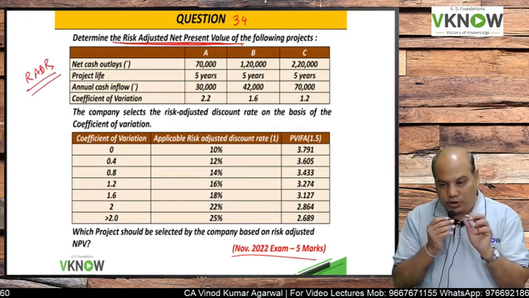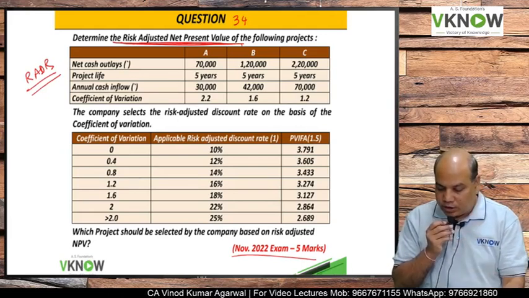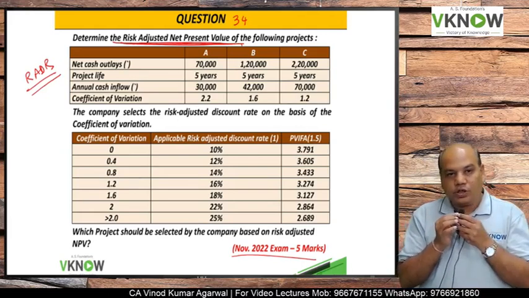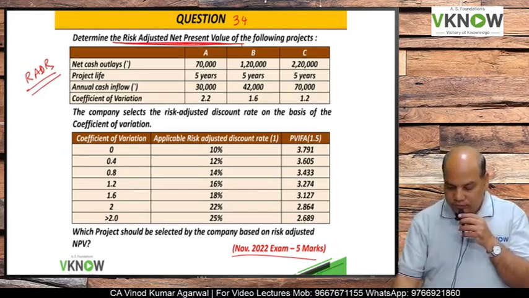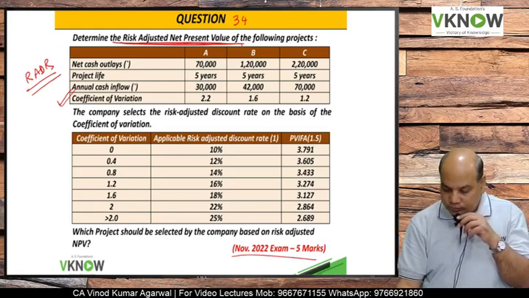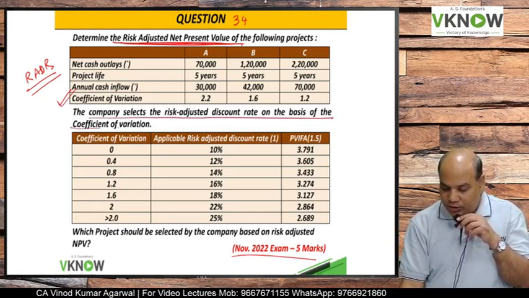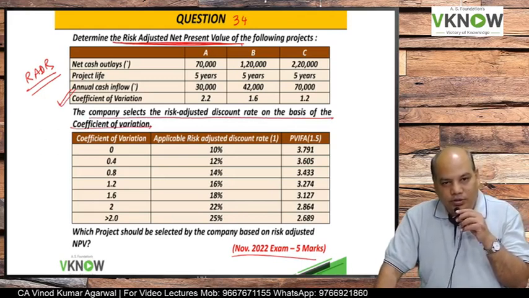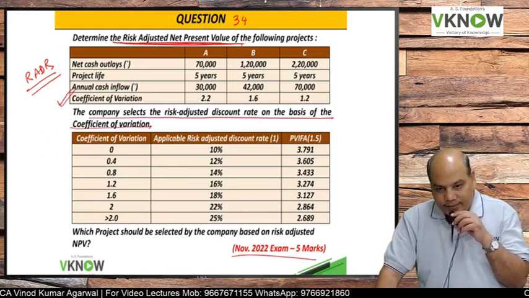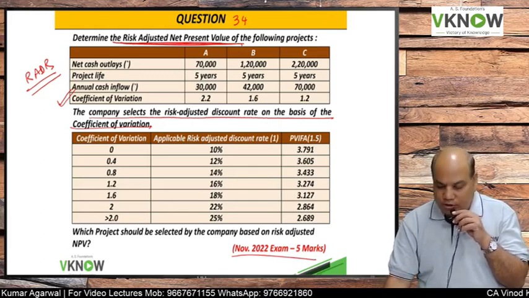There are three projects ABC: net cash outflow, project life, annual cash inflow. Coefficient of variation is given, means risk per unit of return is given. The company selects the risk adjusted discount rate on the basis of coefficient of variation.